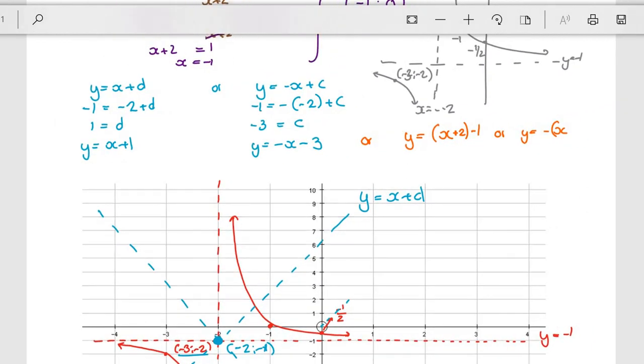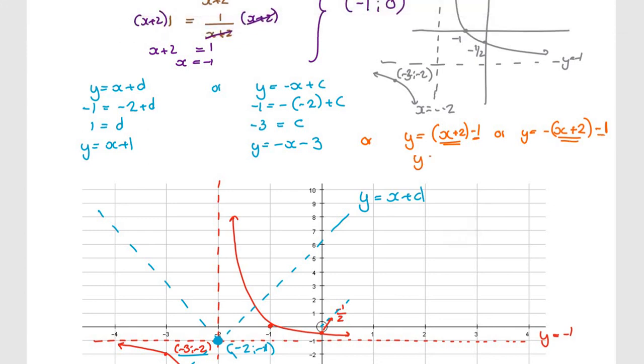So there's my 2 units left, 2 units left, 1 unit down, 1 unit down. And if I collect up like terms, I get x plus 1. Here I have to do a little bit more work. I have to distribute my minus, and I get y is equal to negative x minus 3. And that's exactly the same answers. So just two different ways to do the same question.